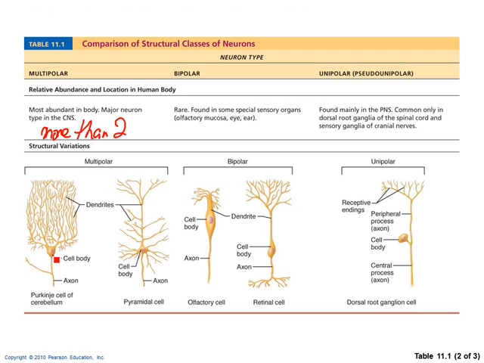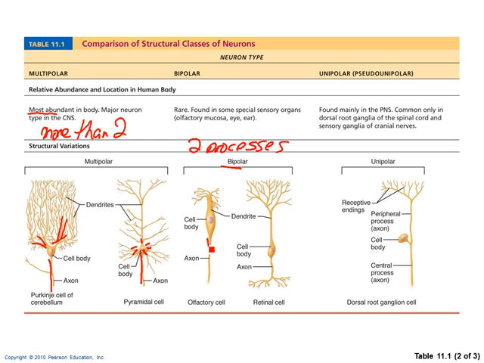Okay, so in this case, there's always one axon. One axon, you've got 2, almost 3 dendrites that then divide even further. On this one, you have one axon, 1, 2, 3, 4, 5, 6 dendrites. So there's more than 2 somethings connected to the cell body. That's multipolar. These are the most abundant. You find them just about everywhere. If you have bipolar, that means you have 2 processes coming off the cell body.